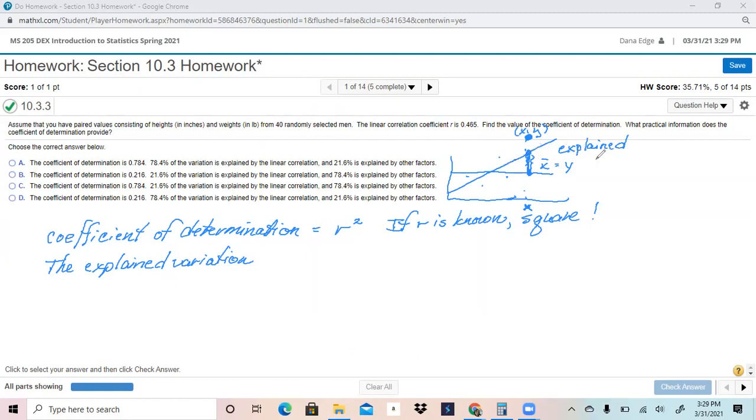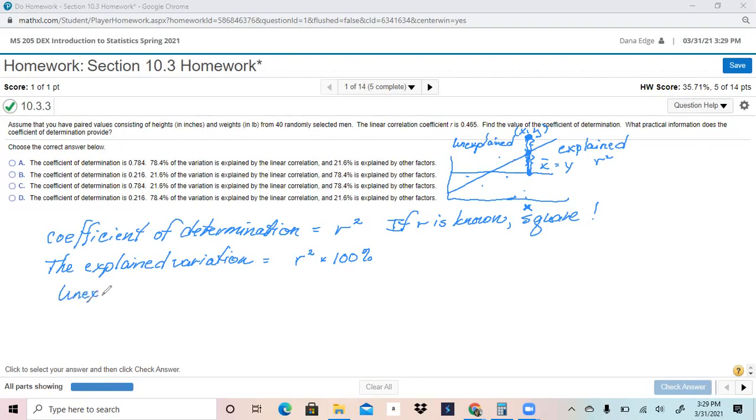And this distance is going to equal r squared. The remaining distance between the two is unexplained, at least unexplained by the regression equation. It could be explained by other factors, or it could just be based on randomness. So the explained variation is your coefficient of determination written as a percent.